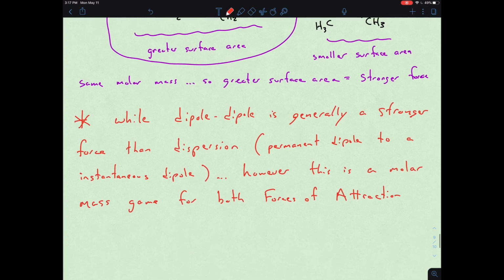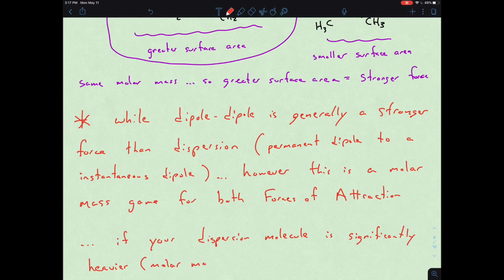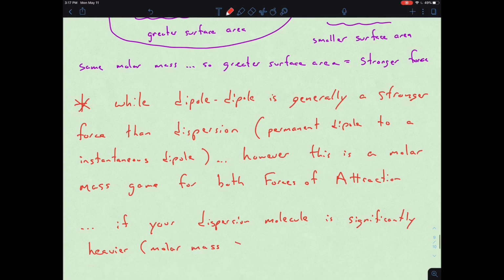So, if your dispersion molecule is significantly heavier in terms of molar mass, and that roughly significance is 20%.